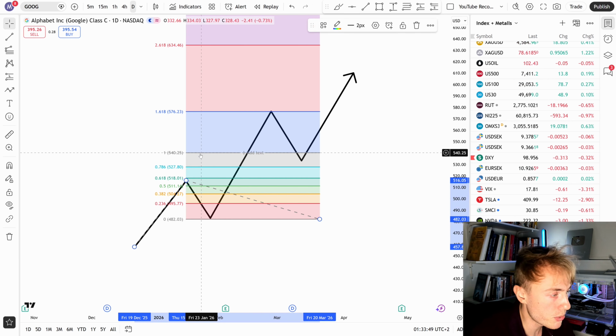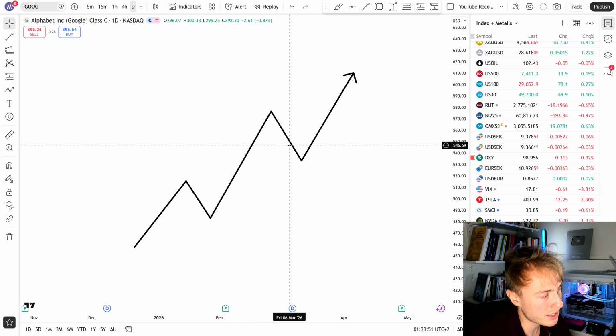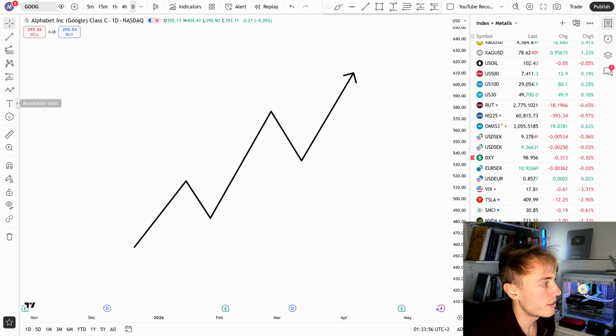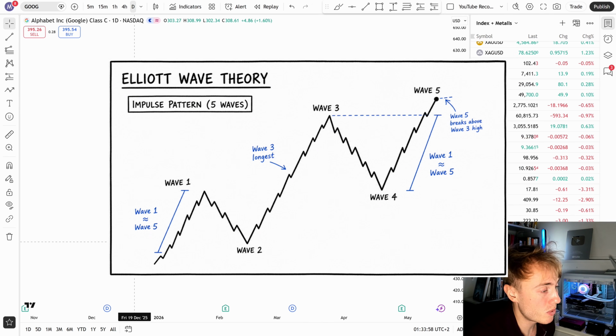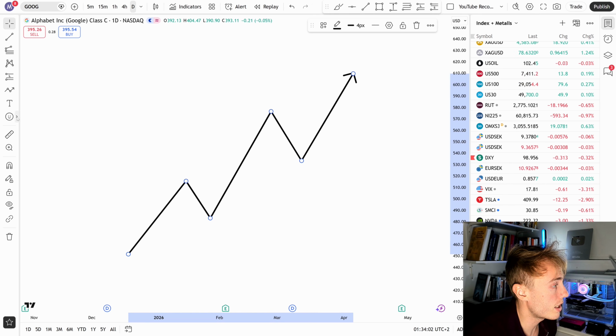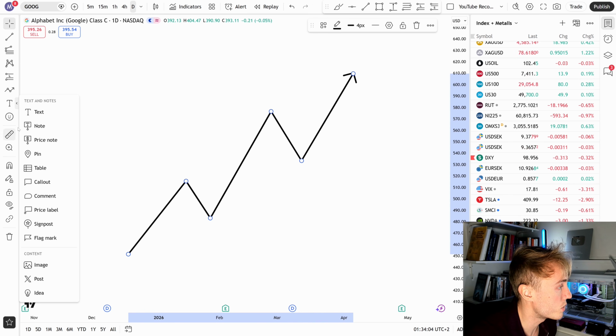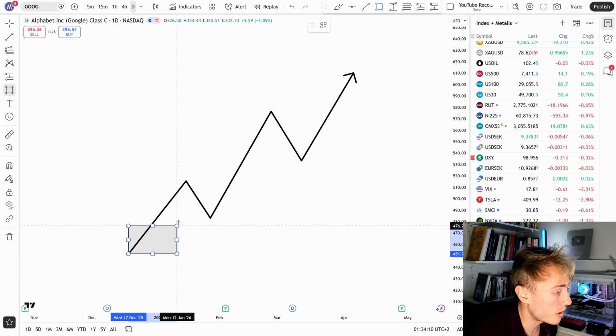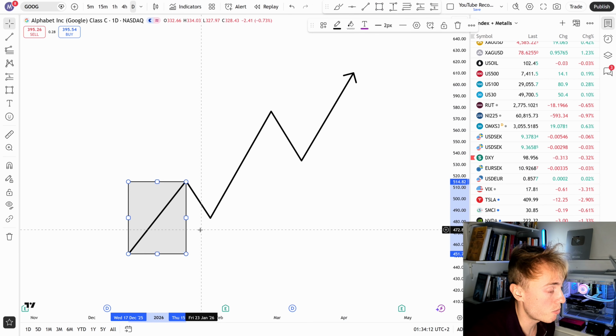Another rule that is pretty much an extension rule, but this is more what I call a measured move. This is that wave 1 and wave 3 in a good scenario are around the same size. So what we can do here is that I usually use, let me go here to drawing tools, the rectangle. What we can do is measure wave 1.